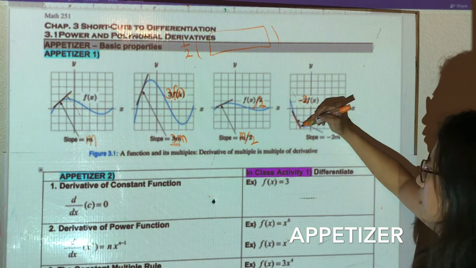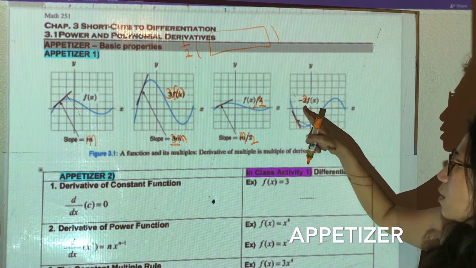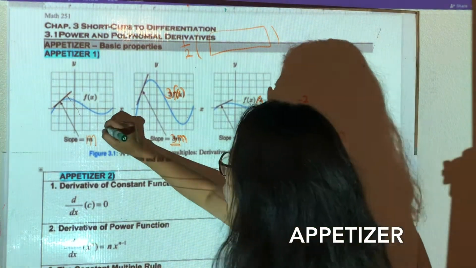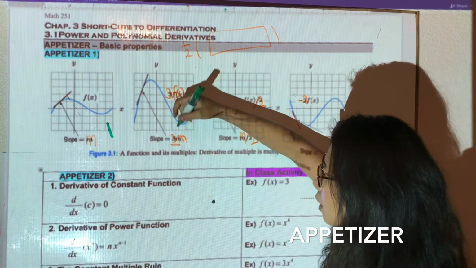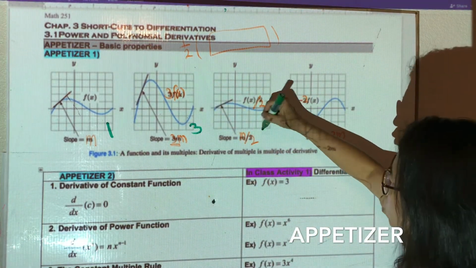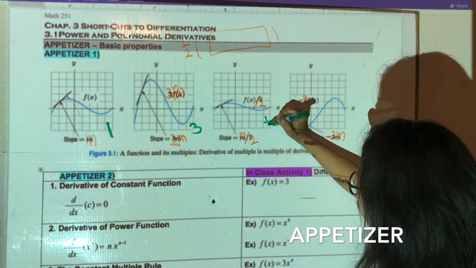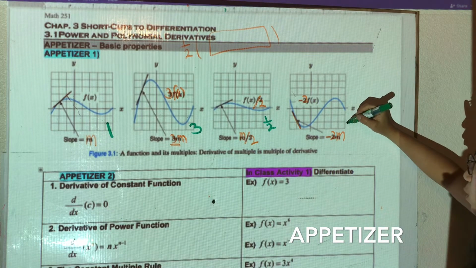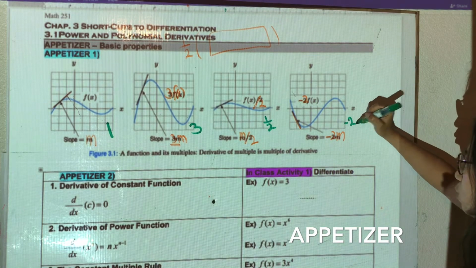Then that will influence your slope the same way. That's going to be -2m, which means if this one was 1, by stretching 3 times, your slope has to be 3, and by compressing by 2, that's going to be 1 over 2, and then this one is a flip, and then stretching by 2 is going to be -2 as your slope.